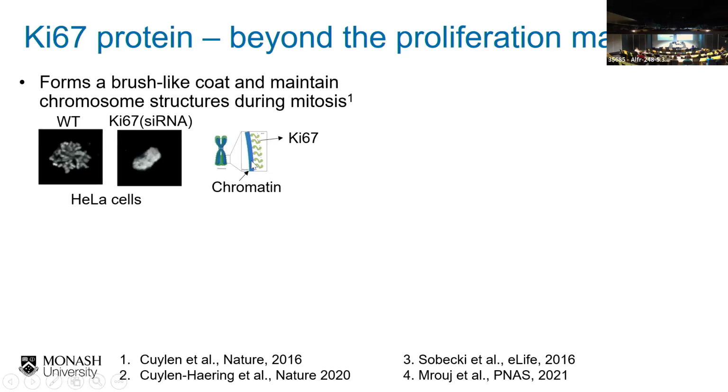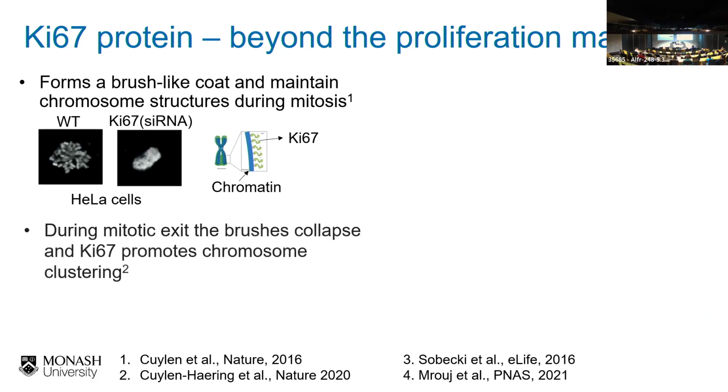And they work as a brush coating those chromatins during mitosis. And in the follow-up study, they found that Ki-67 is also important when the cells are trying to exit mitosis. So they promote chromosome clustering at the end of mitosis.